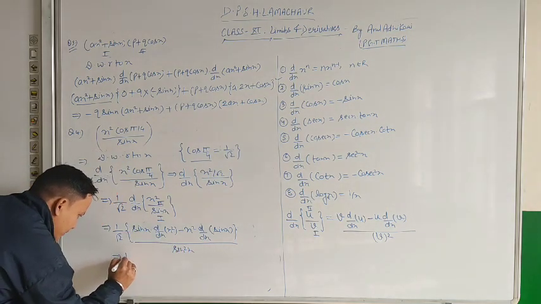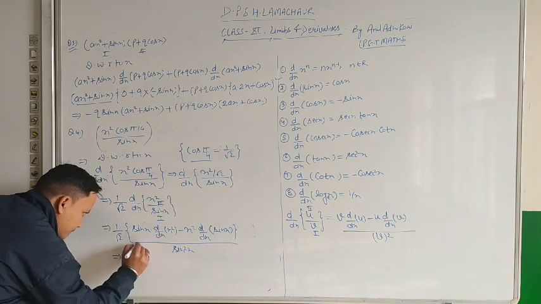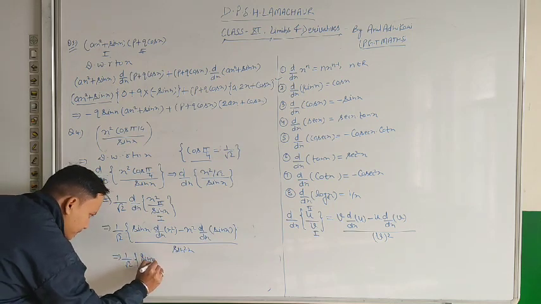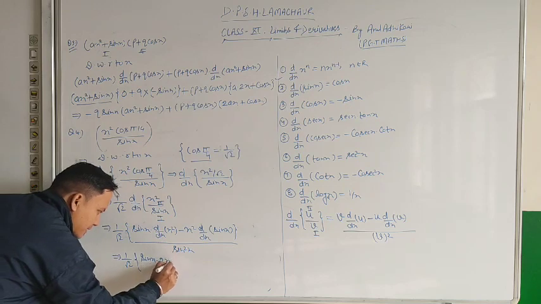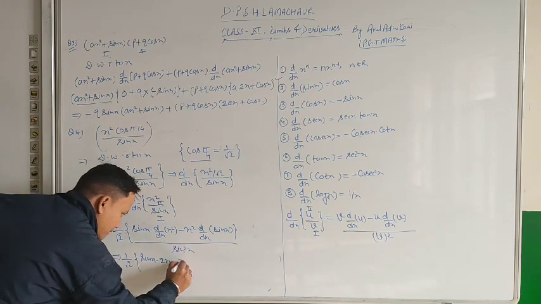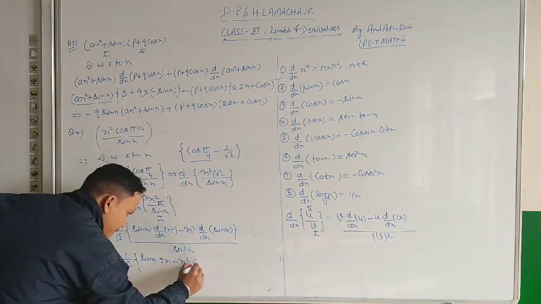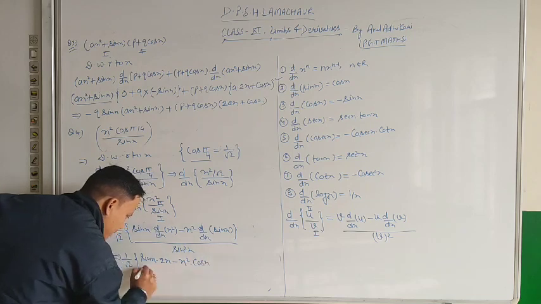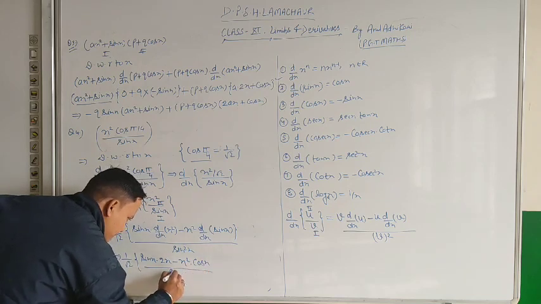So 1 by root 2 times sin x, derivative of x square, that is 2x, minus x square, derivative of sin x is cos x, divided by sin square x.